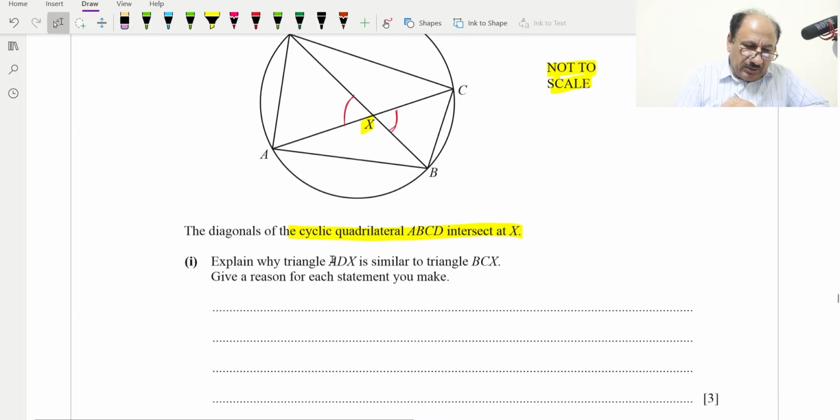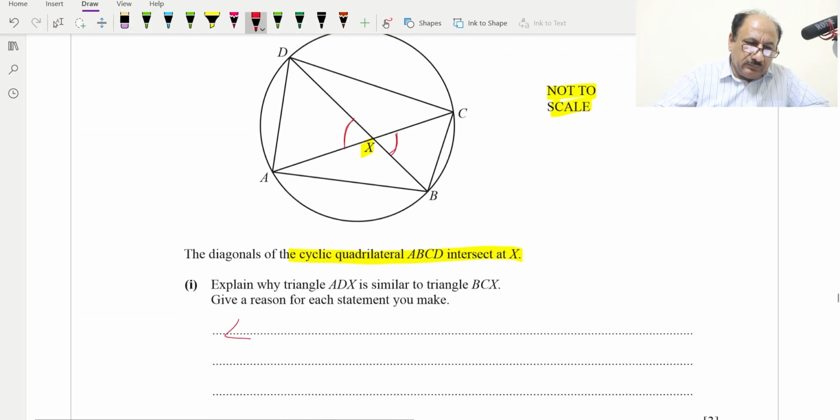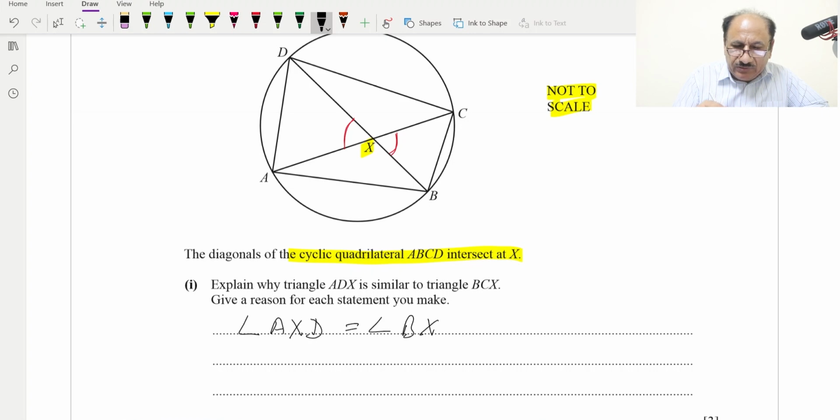So we can write angle AXD is equal to angle BXC. The reason will be opposite angles.